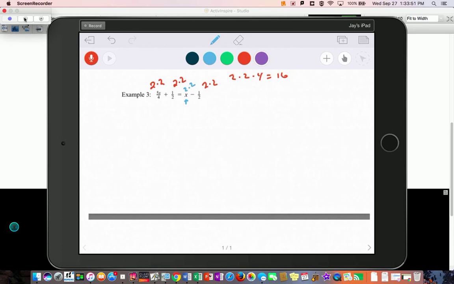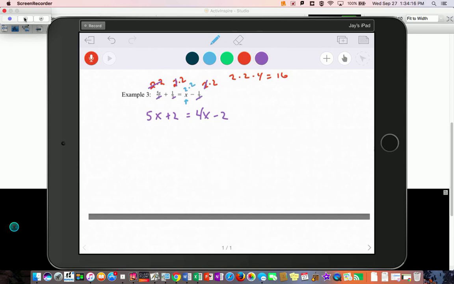So the 2 times 2 is 4, so I can get rid of that 4, and we have 5x. Get rid of one of the 2's with that 2. 1 times 2 is 2. We don't cross anything off, so that's 2 times 2 is just 4 times the x, 4x. And again, one of the 2's and a 2, so I'm left with negative 2. Now it's just algebra. Move everything to one side.